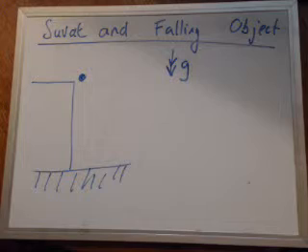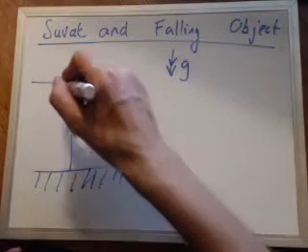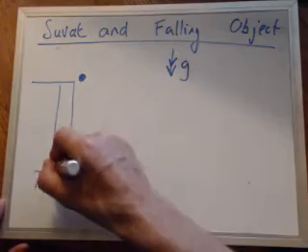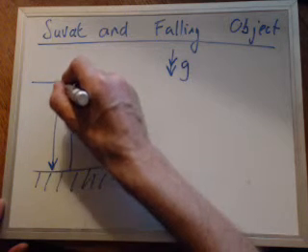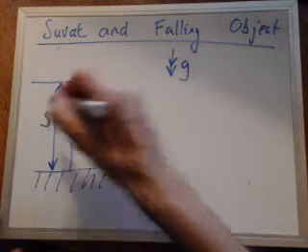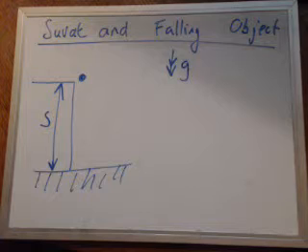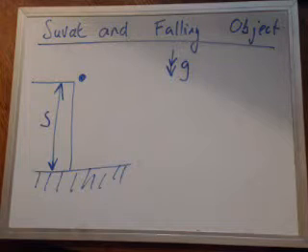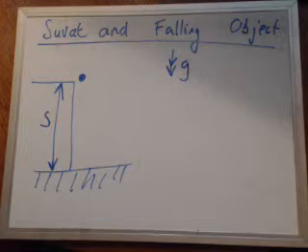Now, let's say we know certain facts. Let's say, for instance, that we know the displacement, or if you like, the height. But we use displacement, that's a Suvat variable.